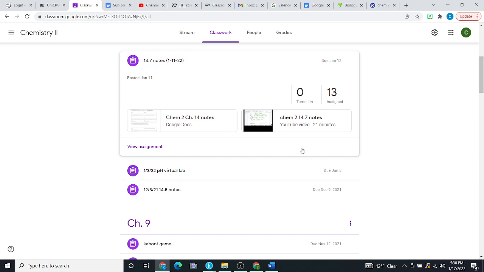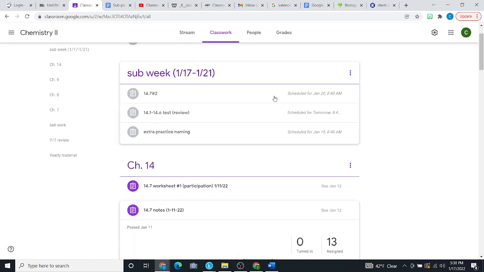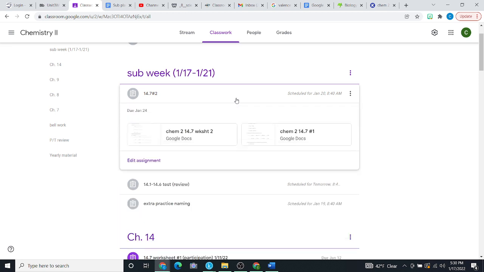I do have the notes here if you need them. If you weren't here and you need to look at the chapter 14.7 notes, it's right there. Oh, here we go. I was like, where did I put it? All right, so here's 14.7.